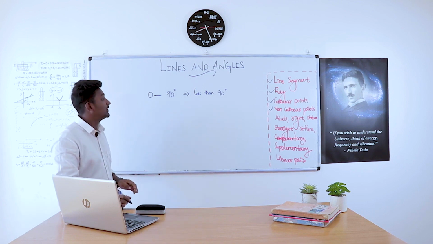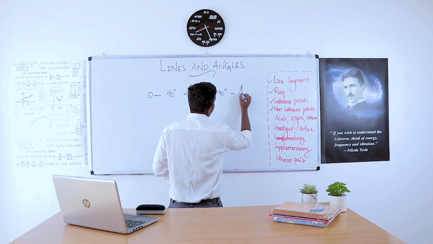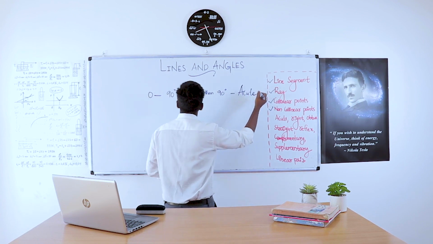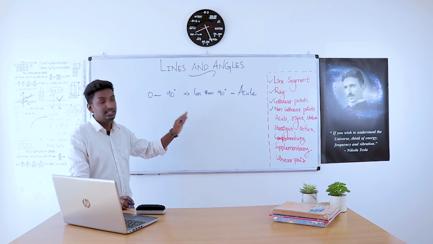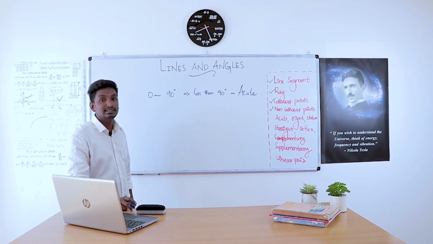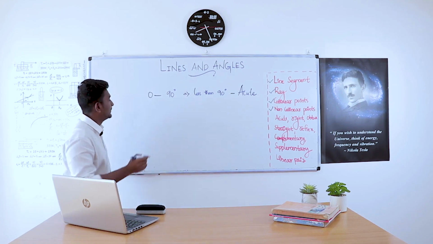If the value of the angle is less than 90 degrees, that means 0 to 90, then it is known as an acute angle.